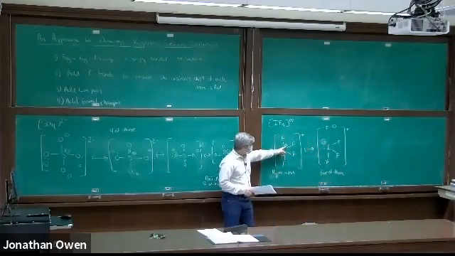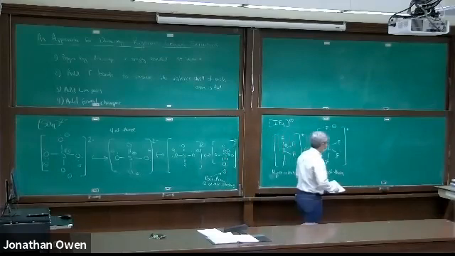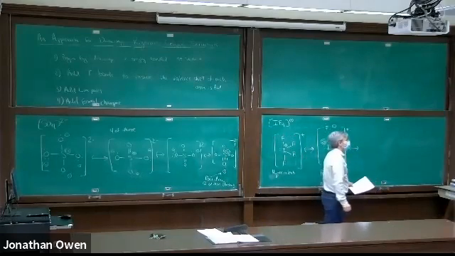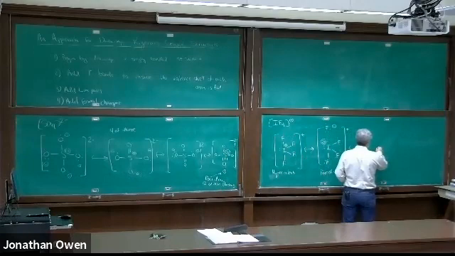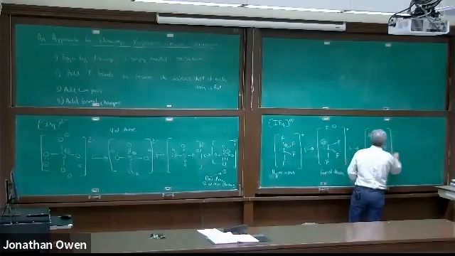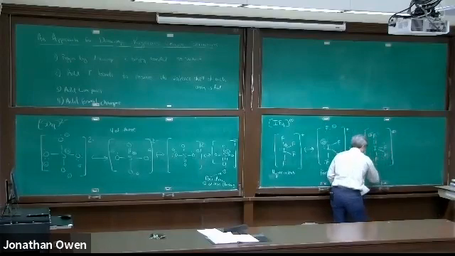You could, in principle, say, I don't really like that plus charge on the iodine out there. That poor iodine is screaming for electrons because of how electron withdrawing everything is. I'm going to draw this. And you know what? There are 4 of these, so it's okay.